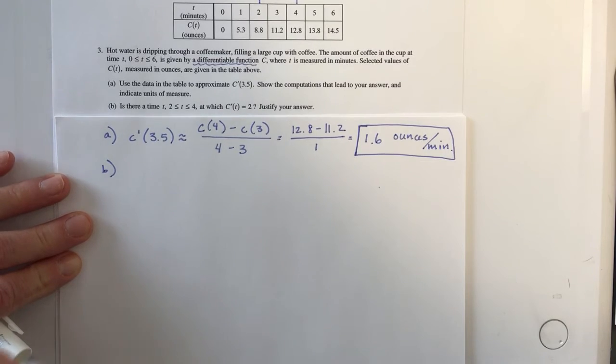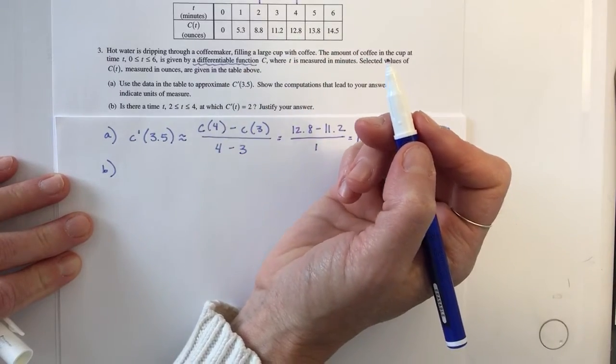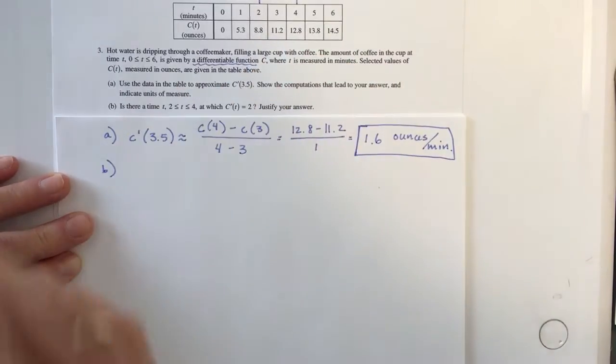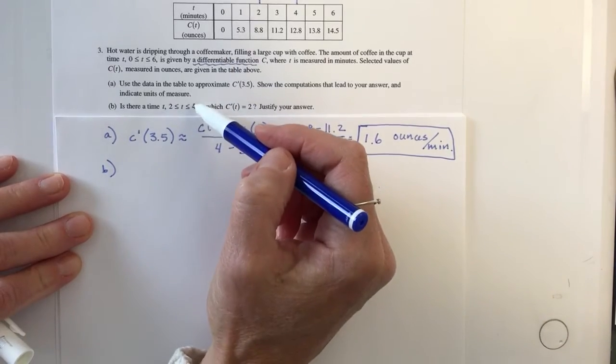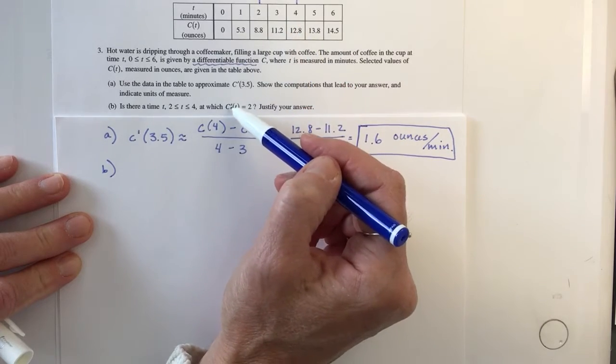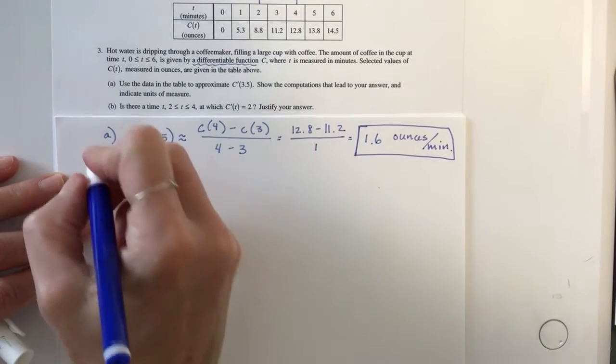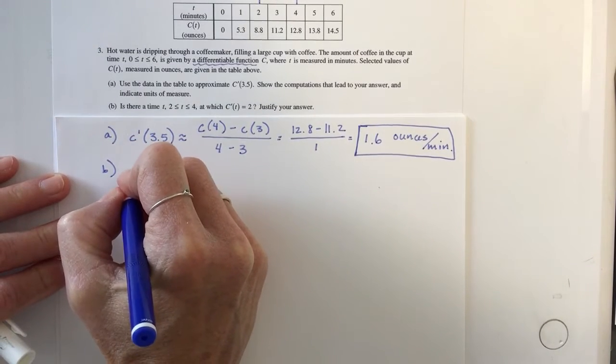MVT, right? So if the average rate is 2, we can say there's some time on 2 to 4 where C prime of t has to equal 2, and our justification is MVT. You got it.